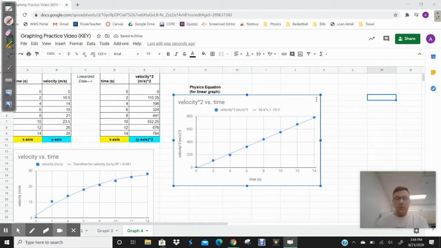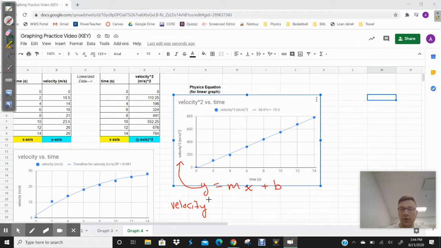Okay, so let's do the same thing. Always the same. Y equals mx plus b. The y-axis is labeled with velocity squared. So I'll write velocity squared is equal to our slope, which in this case is 56.6 for the numerical value.